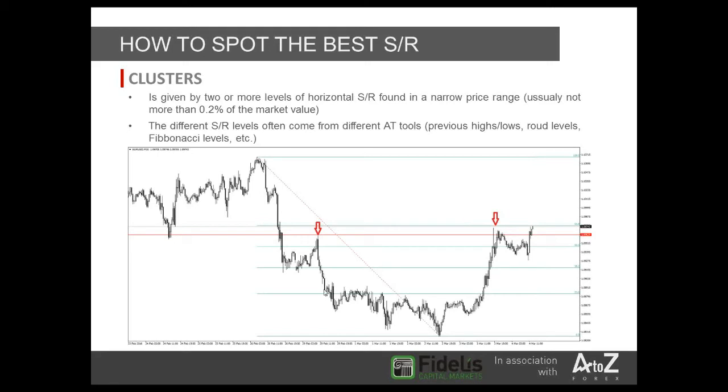Like this one here. This is the euro dollar, a rather recent chart from late February, early March, about a week and a half. Look, we have a Fibonacci resistance at the 61.8 level, and we also have this high here, which acted as good resistance.